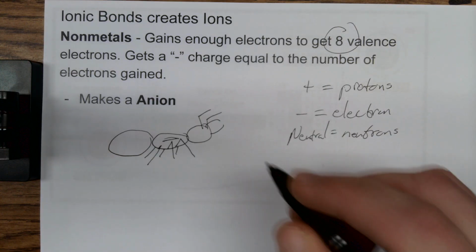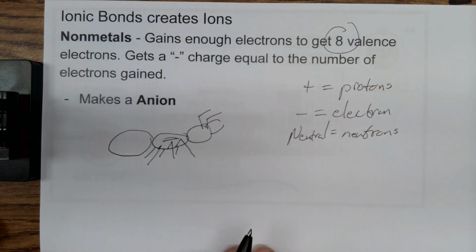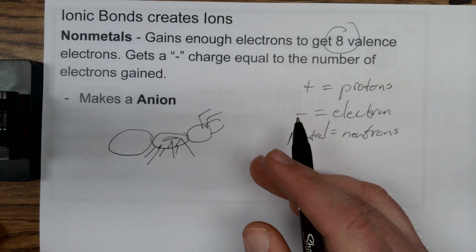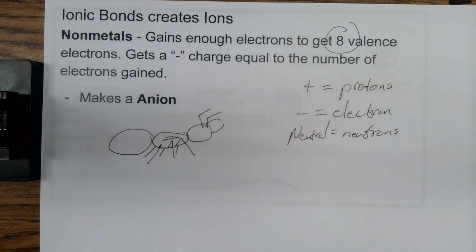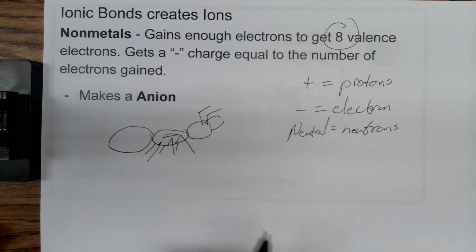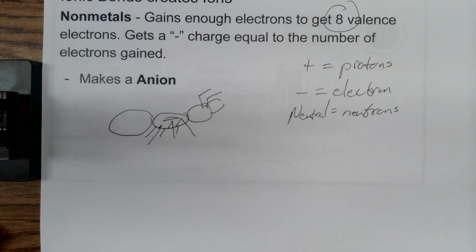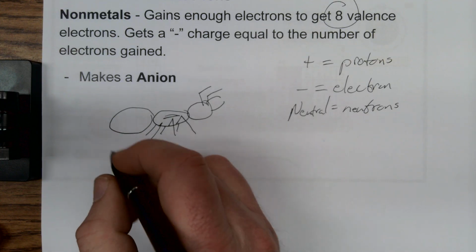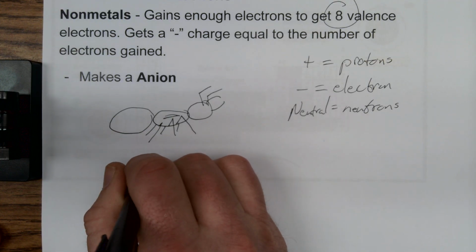Our anion has the negative sign on the top of our atoms. An example of an anion could be fluorine.